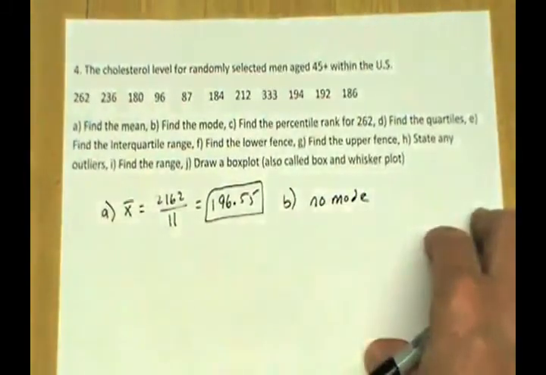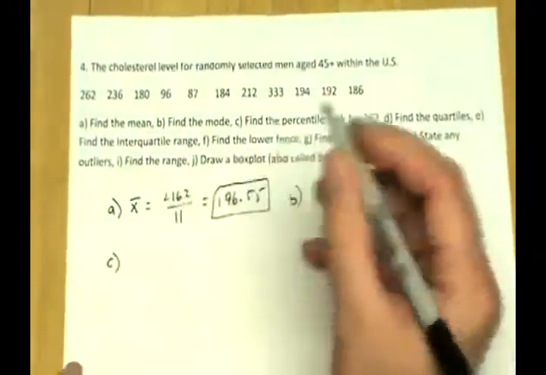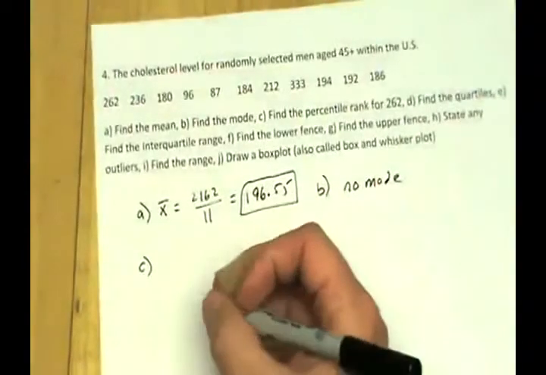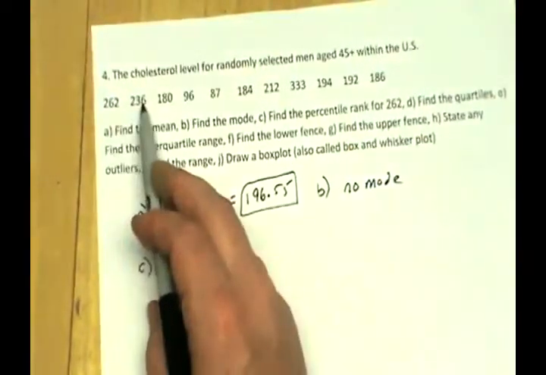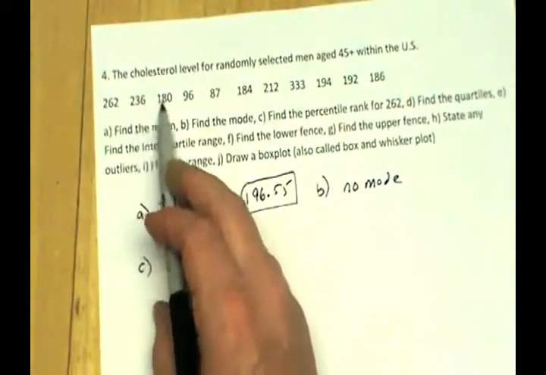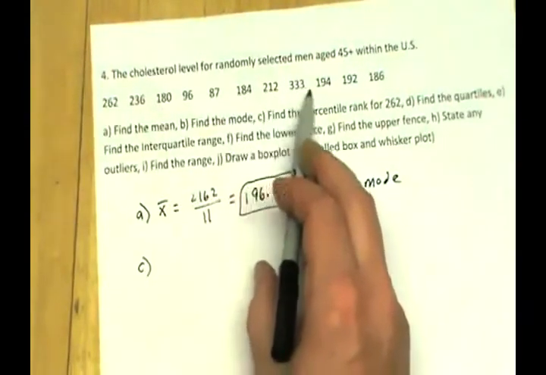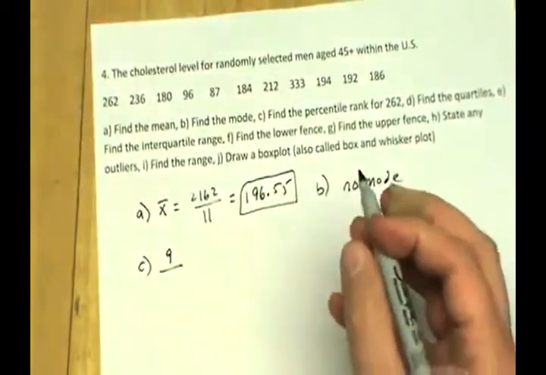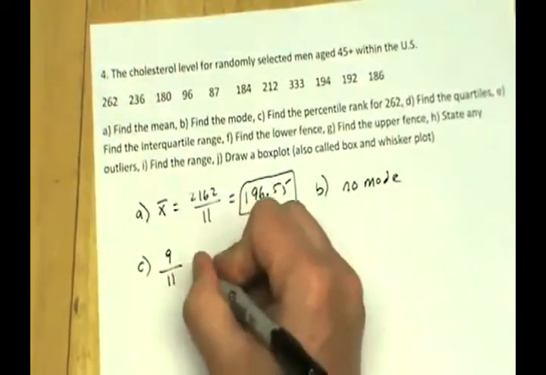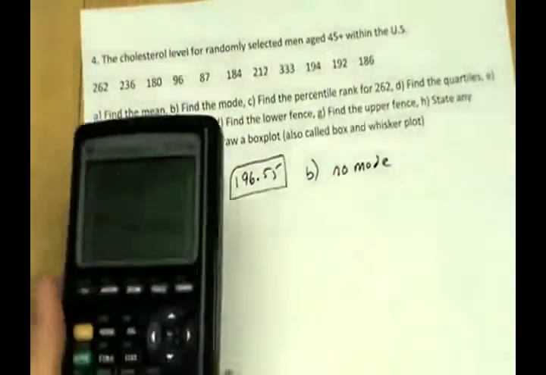And then letter C, find the percentile rank for 262. So we want the number of data below 262. So that value is below 262. So 1, 2, 3, 4, 5, 6, 7, 8, 9. 9 total pieces of data below that value, divided by 11, the total number of data.